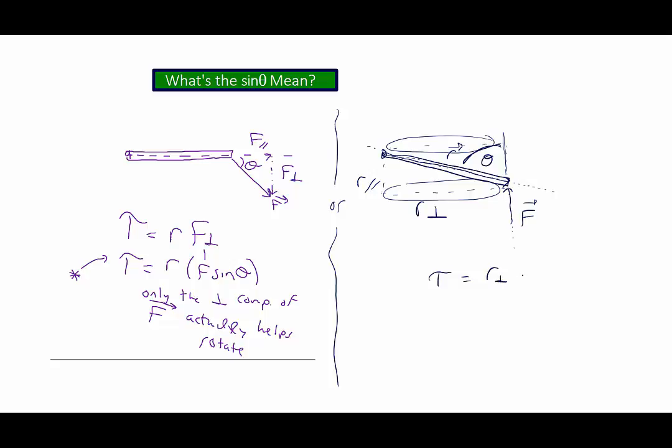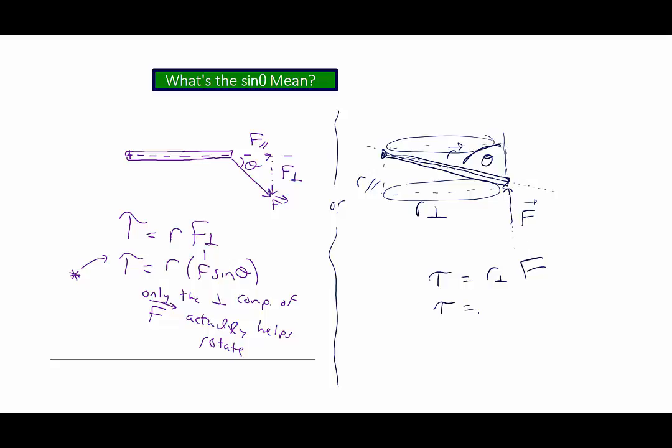So R perpendicular times F. When I'm looking at that torque being applied, what I'm really concerned with is the amount of the radius that's perpendicular to the force, just like in the last example. The only difference now is that the radius perpendicular is the perpendicular piece, and then the force is whatever it was applied.